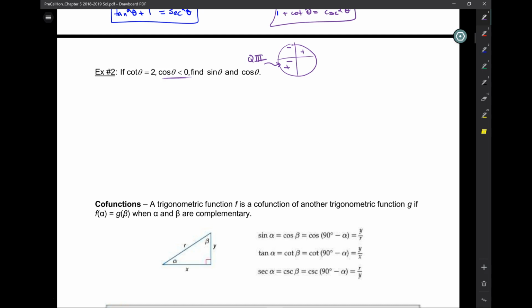If cotangent is 2, we need to find sine and cosine, right? Make sure we're all taking notes here. We have cotangent. We need sine and cosine. So this is the given. We need these. So the question I ask myself is what? Is there an identity that does what?